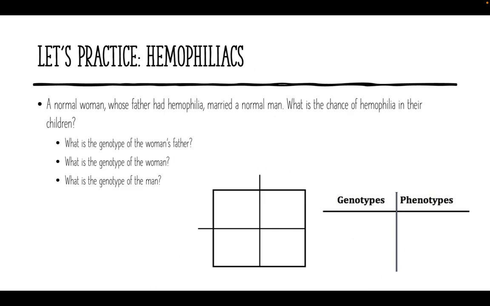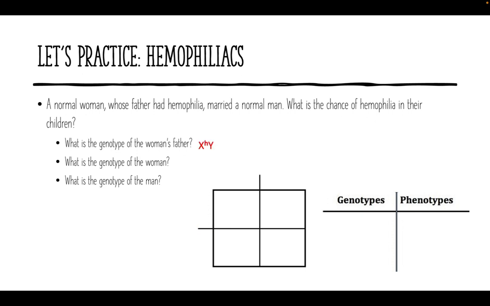So we're going to actually practice on hemophilia. We have a normal woman whose father had hemophilia marrying a normal man. They want to know what the chance of hemophilia is in their children. So we first have to find out the genotype of the woman's father. We know that she's normal, but her father had hemophilia.